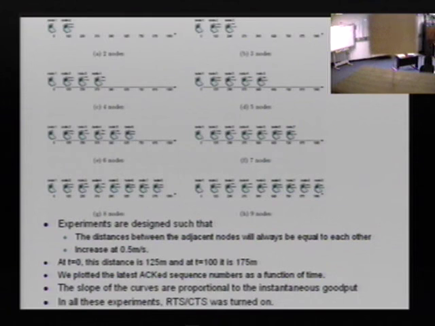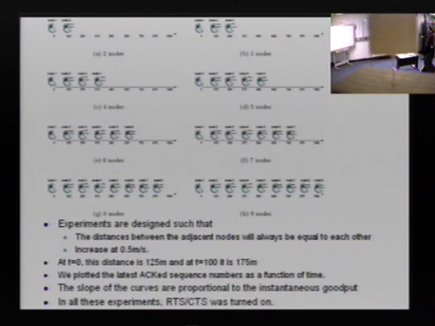For example, in every one, node 1 is stable, node 2 is, in all experiments, moving with 0.5 meters per second towards here, which means that this distance is growing with 0.5 meters per second. When we add node 3, it moves with 1 meter per second, so these distances are kept equal.